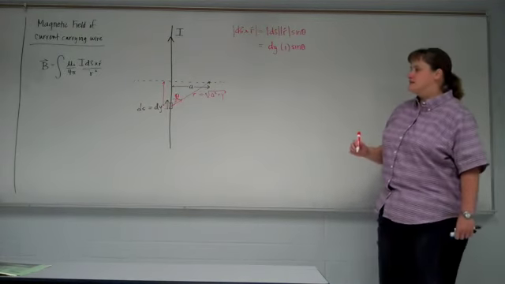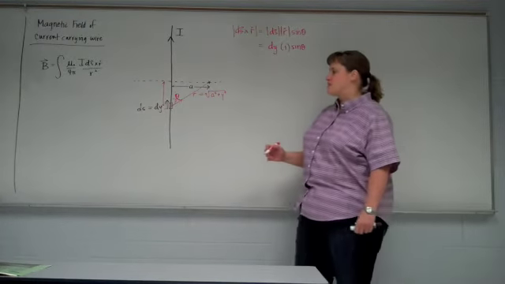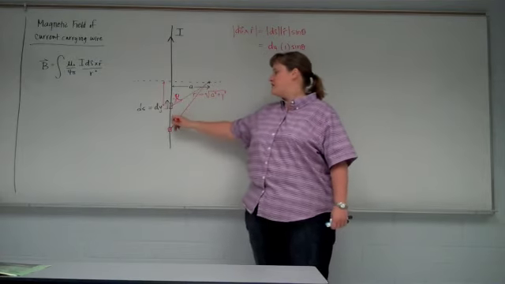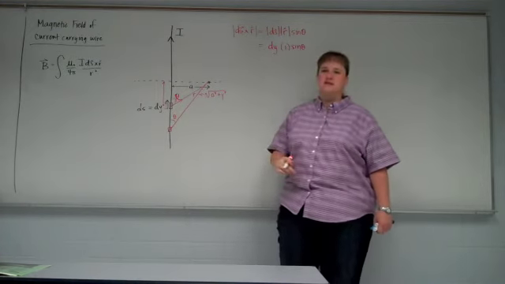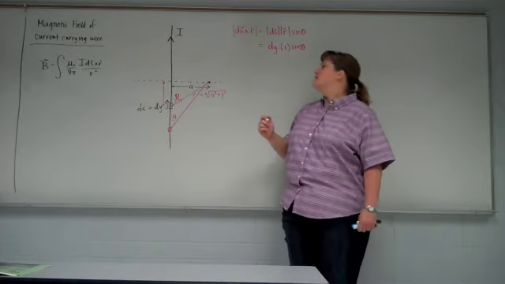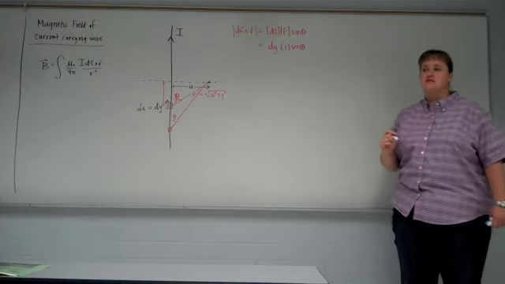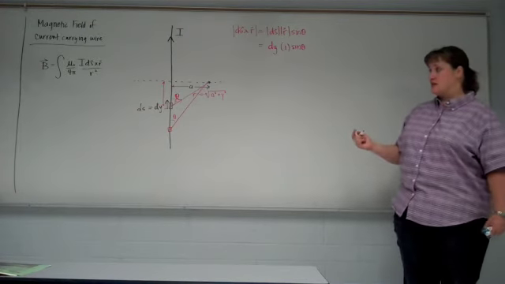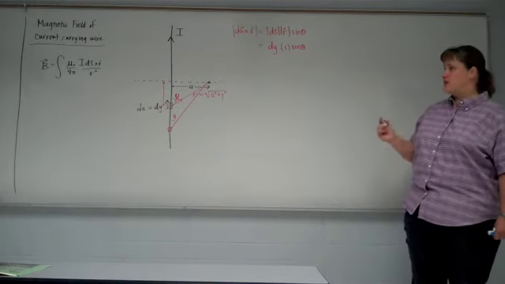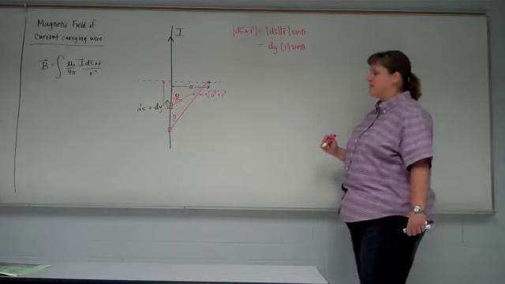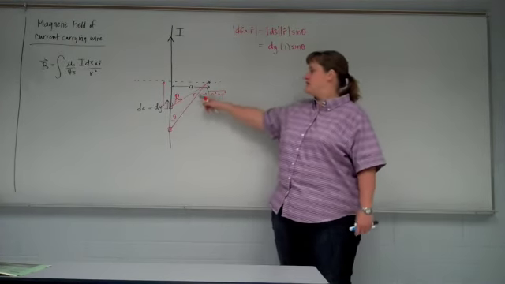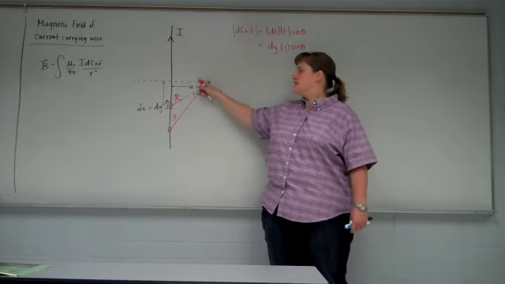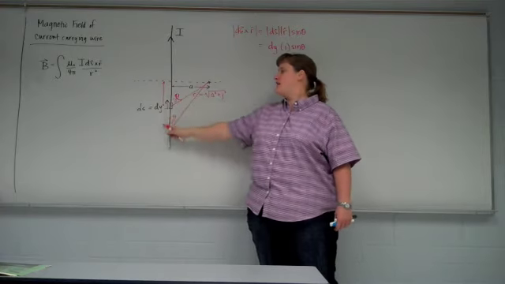Now the sine of theta, as we look at different pieces of the wire, say if we were looking at a piece down here, theta would have a different value for that piece than it did for the original piece we've drawn. So the sine of theta will be changing. So we need to write the sine of theta in terms of our variable, which is y, before we end up integrating. If you look at this big triangle, the hypotenuse is r, this side is a, this side is y.